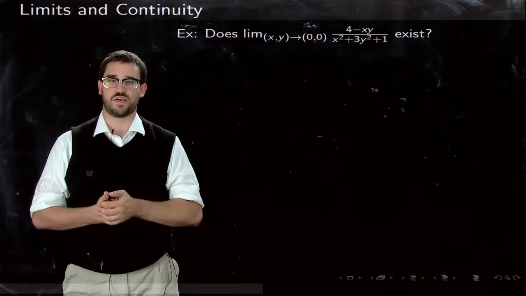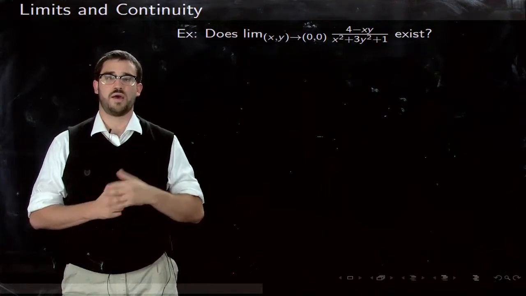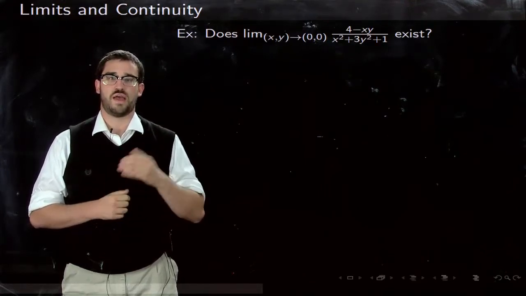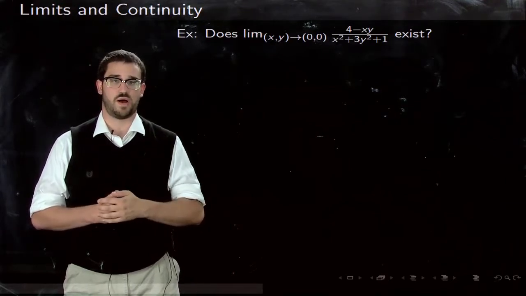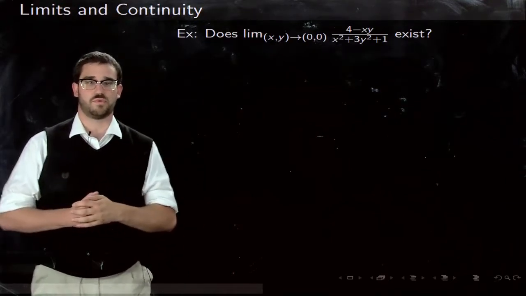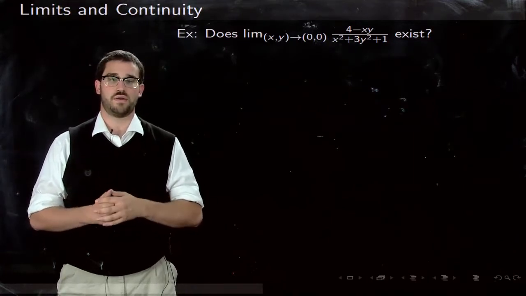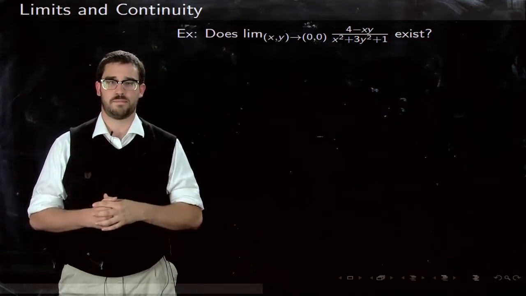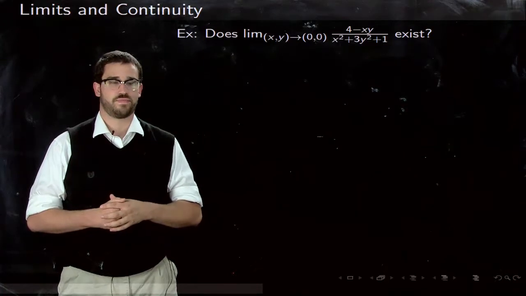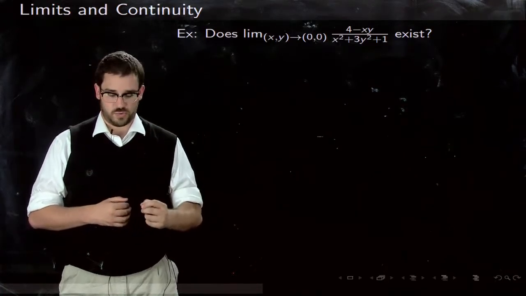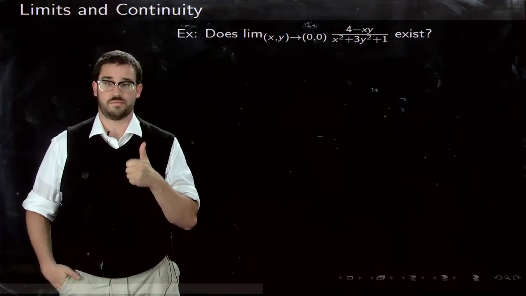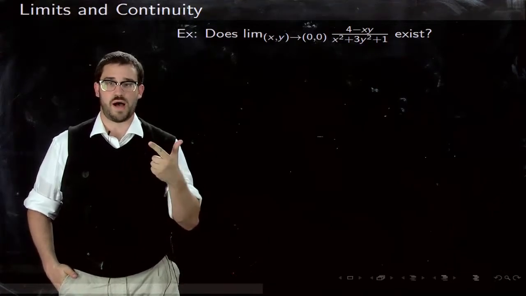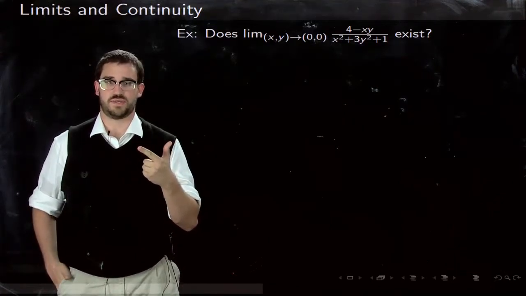So we can ask ourselves, does the limit as (x,y) approaches (0,0) of f(x,y), which is (4 minus xy) over (x squared plus 3y squared plus 1), exist? Well, let's think about it. 4 minus xy. x is a polynomial, so it's continuous. y is a polynomial, so it's continuous.